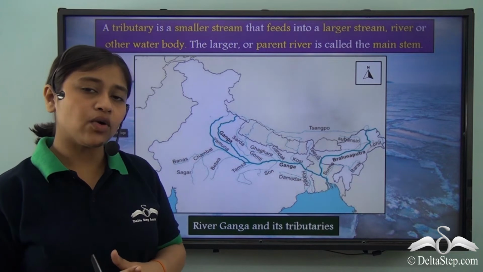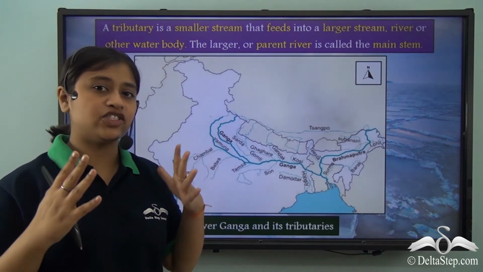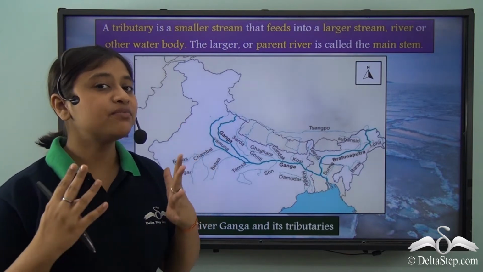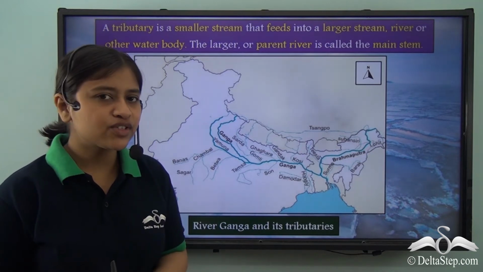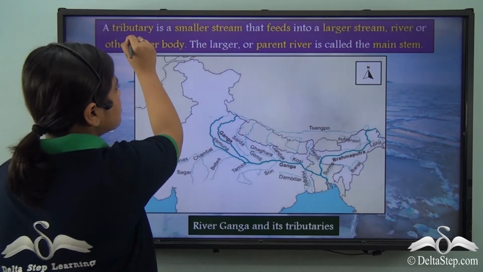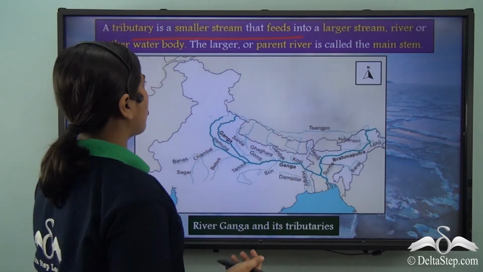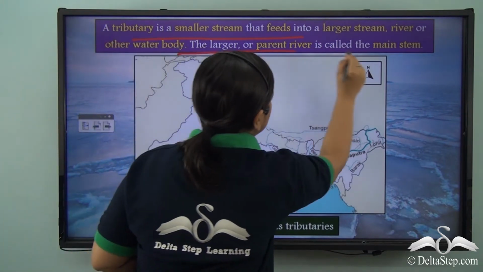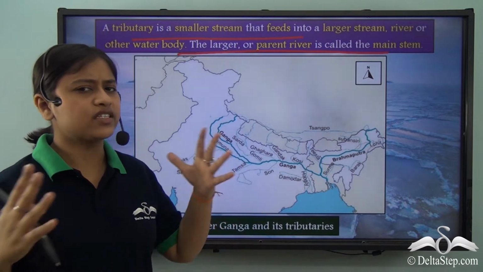So in the upper course, there are various smaller streams or rivers that join the main river, and those are known as the tributaries of that river. So therefore, what is a tributary? A tributary is a smaller stream that feeds into a larger stream or river or any other water body, and the parent river is one to which the tributaries are joining.